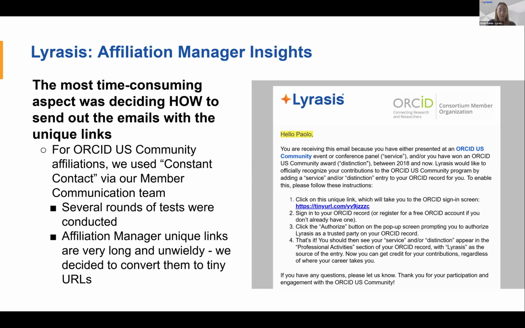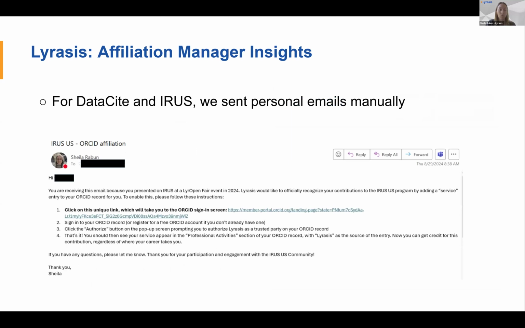I will say on the next slide, for people who had volunteered for our data site work and our IRIS program, that was far less people than the ORCID US community. It was probably about 10 people total. And so for those, we just did personal emails sent to each individual person from me.